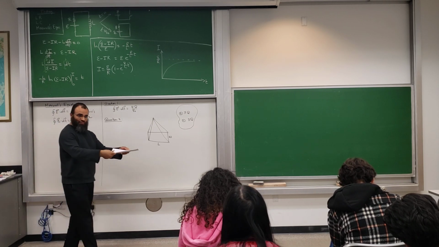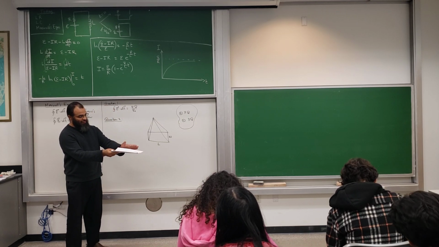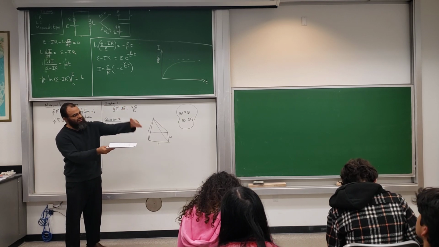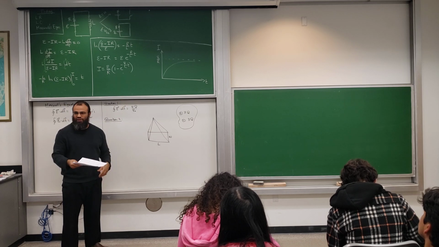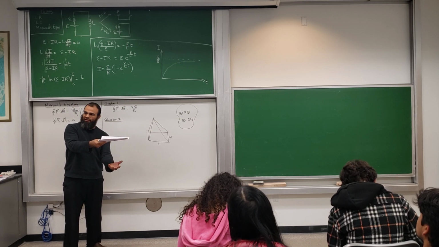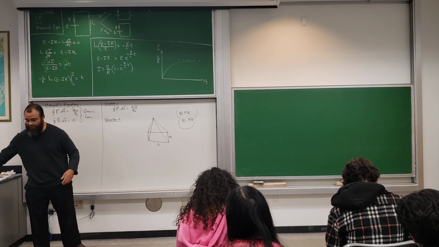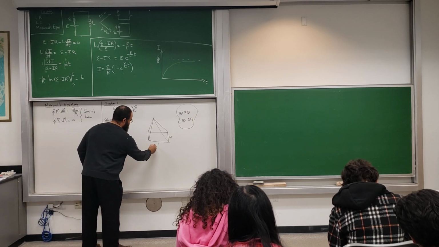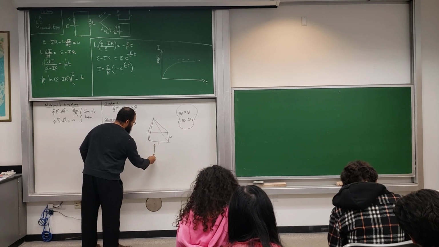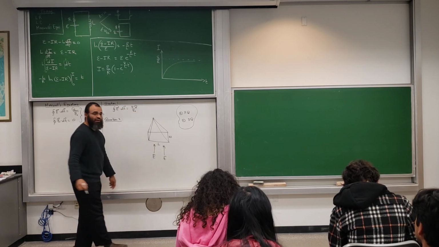I hope the picture you draw in your mind is right, and then the sides are here. These are the sides. Suppose we have electric field entering from the bottom. Electric field coming in from the bottom, and that electric field is E.